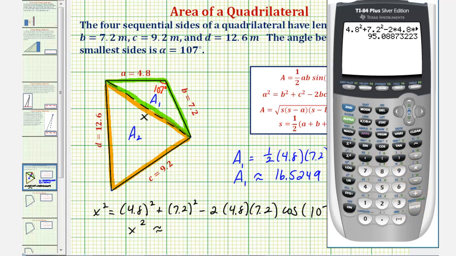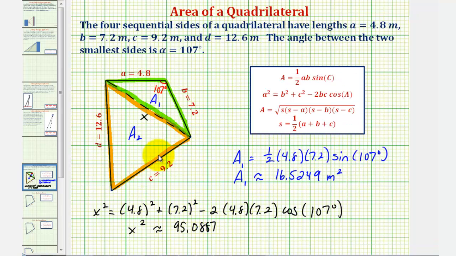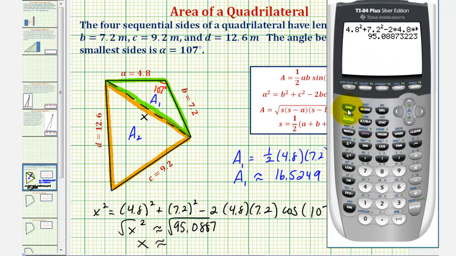So this gives us x squared is approximately 95.0887. We know x has to be positive, so now we'll take the principal square root of both sides. So for the square root, we press second x squared, and then we have 95.0887. So x is approximately 9.7513.